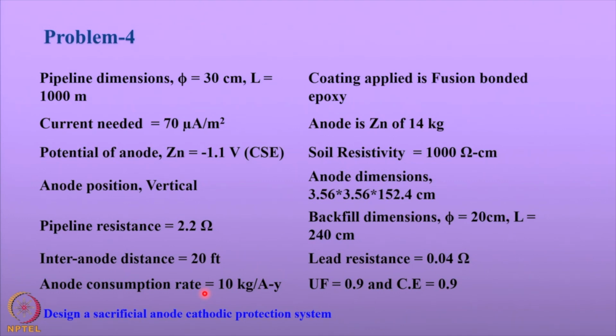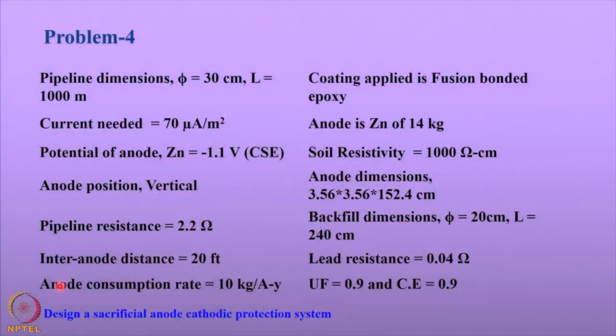In the ICCP systems, the current is provided by the rectifier. Okay. So, the dissolution of the anode provides the current. So, we need to know what is the amount of anode required for protection of the structure for a required time.